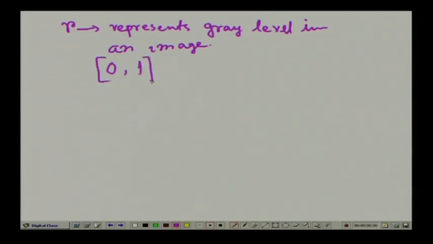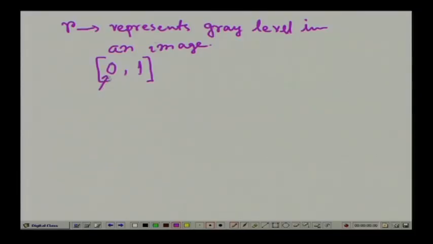So, we assume the normalized pixel values, and the pixel values can take values in the range 0 to 1, where 0 indicates a black pixel and 1 indicates a white pixel. Later on, we will extend our ideas to discrete formulation when we will consider the pixel values in the range 0 to L minus 1, where L is the number of discrete gray levels present in the image.